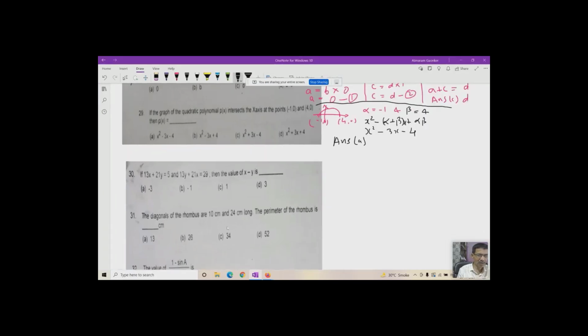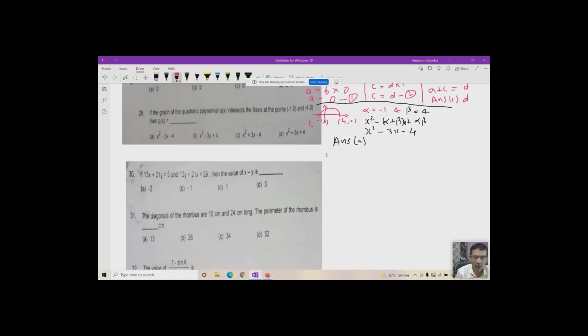The next question is question number 30. Here, these two equations are given and you are asked to find x minus y. For that, what you can do is like this. Start writing the two equations.